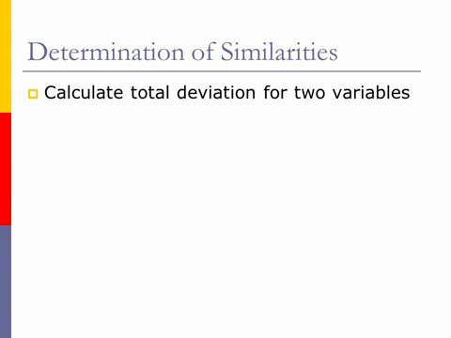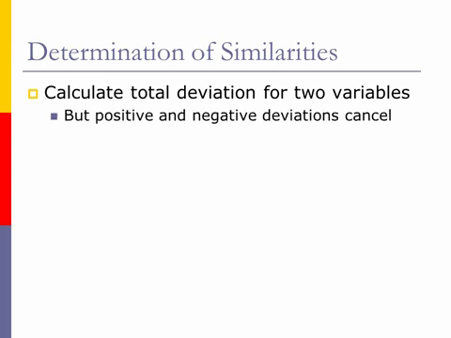Correlation really looks at the similarities or the deviation, if you want to consider it the opposite effect, between just two different variables. The problem is if there are pretty significant differences, both positive and negative.